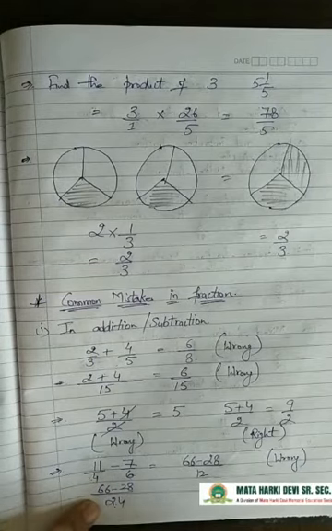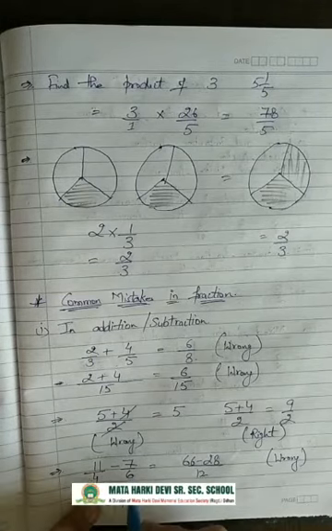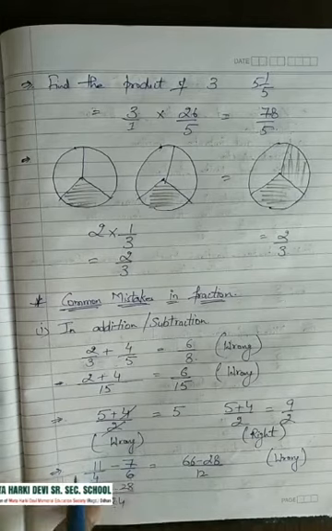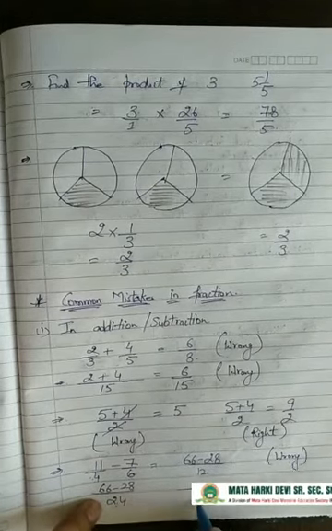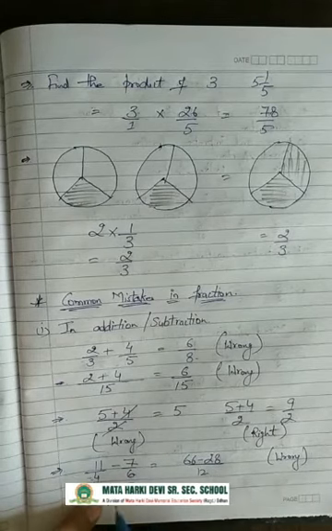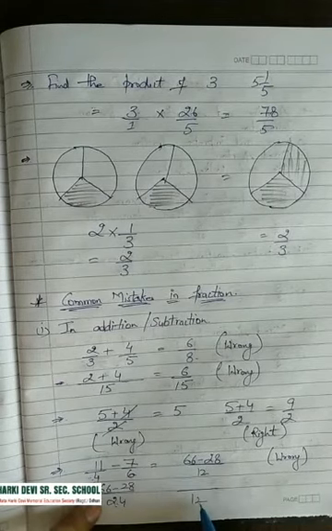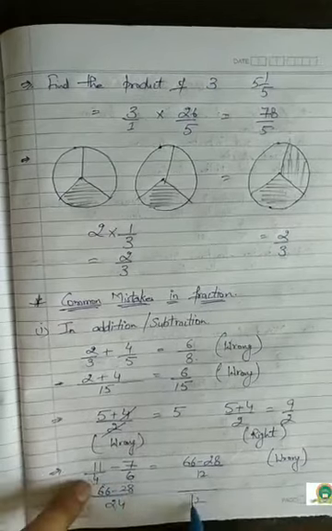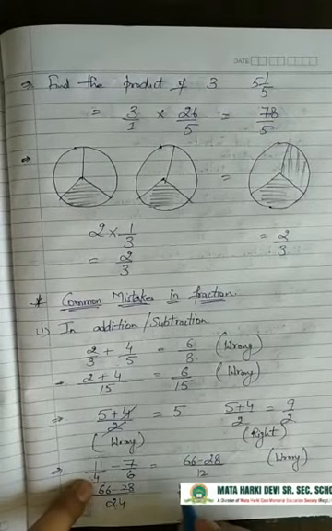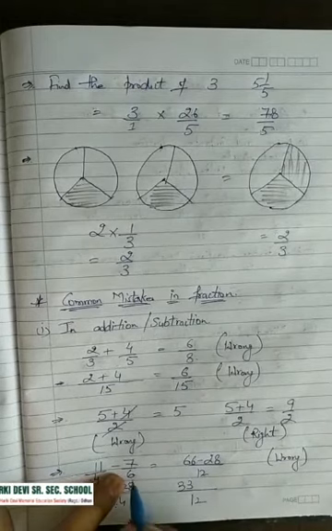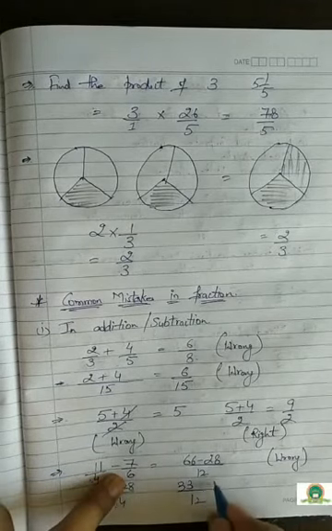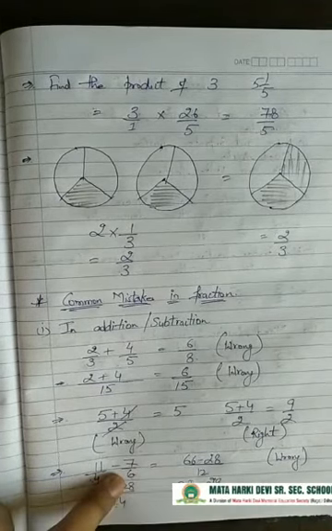Otherwise you have to divide and then multiply, which is in the case of 12. If you take the LCM, divide 4 and 12, that is 3 11s are 33. 6 and 12, when you divide 12 by 6, 2 7s are 28.